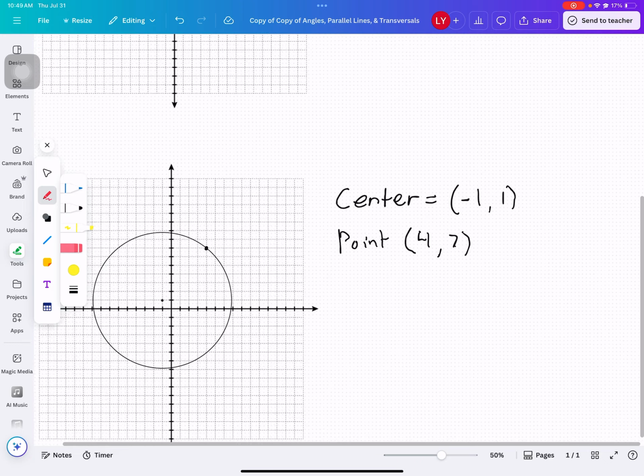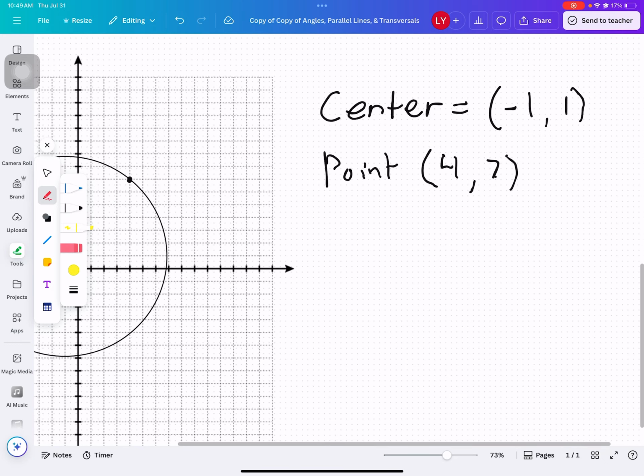Now, if you see here, let me write out the standard equation. Well, my pen isn't working right now.